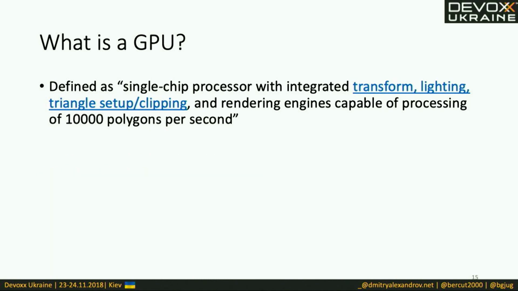Nvidia defined it as a single-chip processor, a specially dedicated processor for transforming lights, triangles, polygons, and so on. It's a special piece of hardware just to work with your graphics, and it had the capability of transforming 10 million polygons per second.